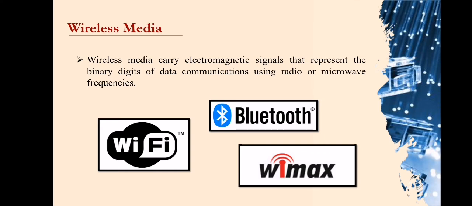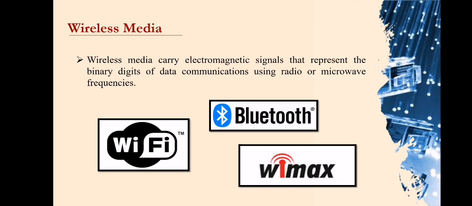Now let's go to wireless media. This is what we are commonly using nowadays. Wireless media carry electromagnetic signals that represent the binary digits of data communications using radio or microwave frequencies. As a network medium, wireless is not restricted to conductors or pathways like when you're using cables or fiber optics.